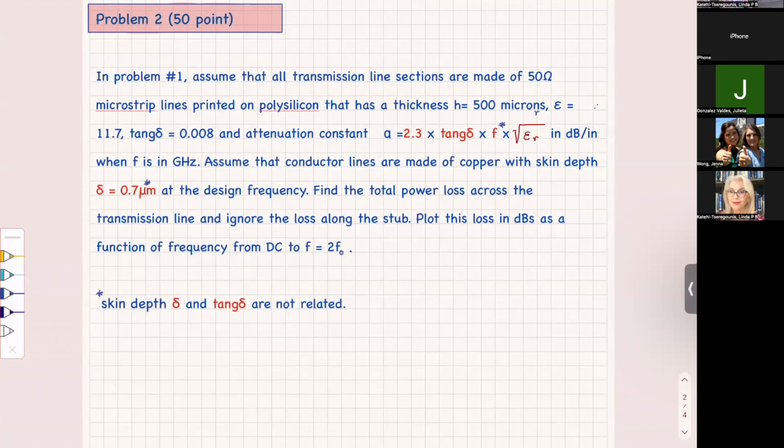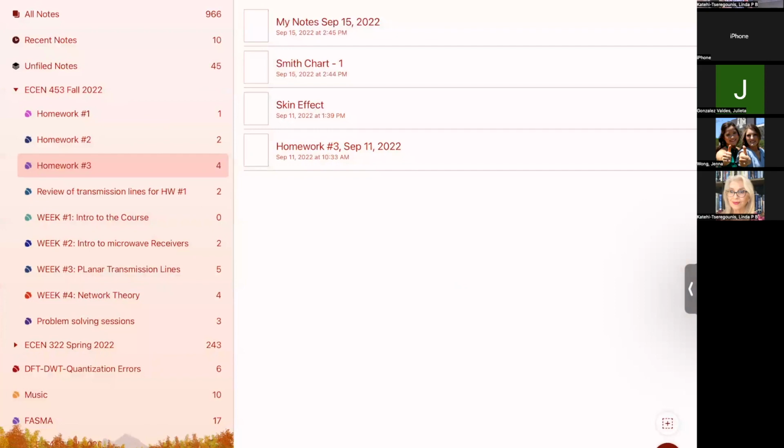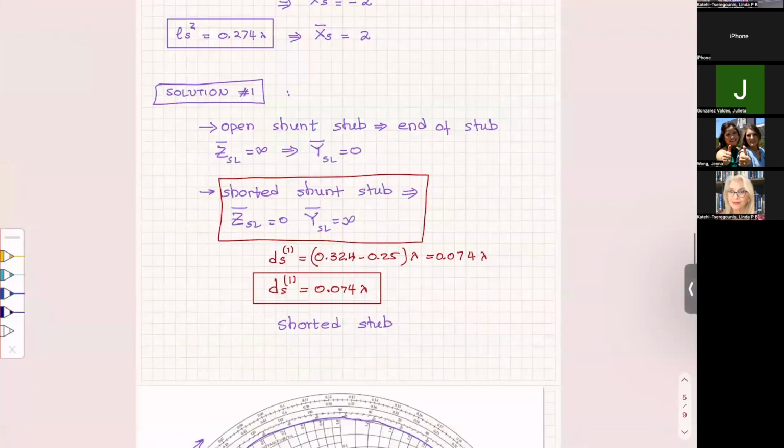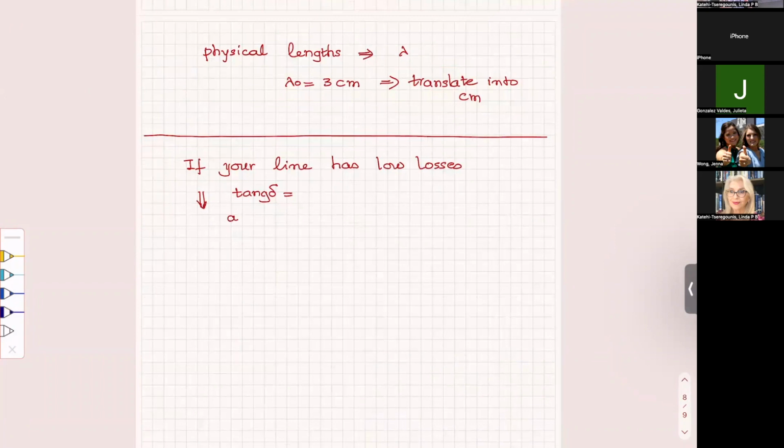And then we go back. After you find your total losses in the line, from tangent delta you find A, which are the losses of the dielectric.